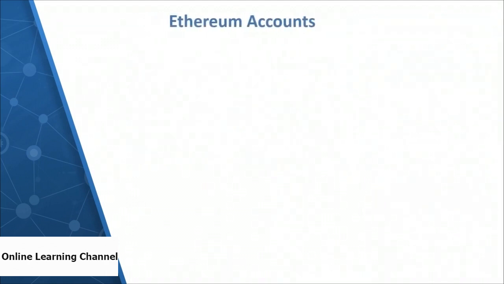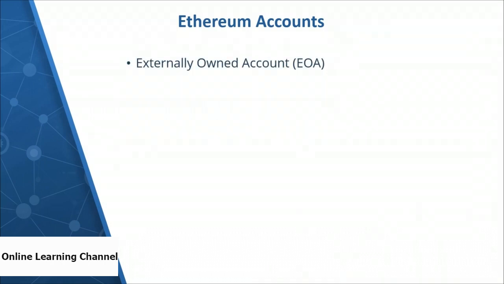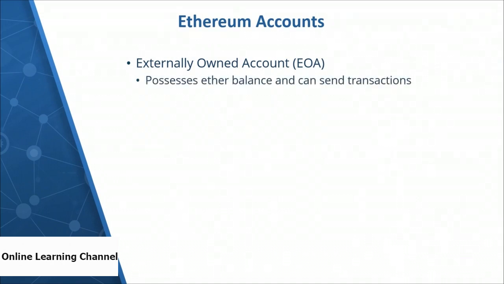For the next task, you needed to list down the two types of Ethereum accounts and their properties. One of these is the externally owned account, and these are the accounts which are typically associated with nodes or individual users. These accounts will possess an Ether balance and have the ability to invoke and send transactions.